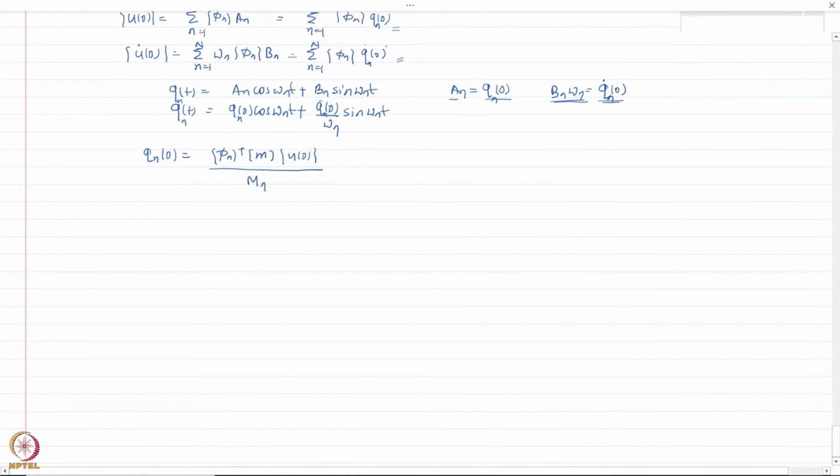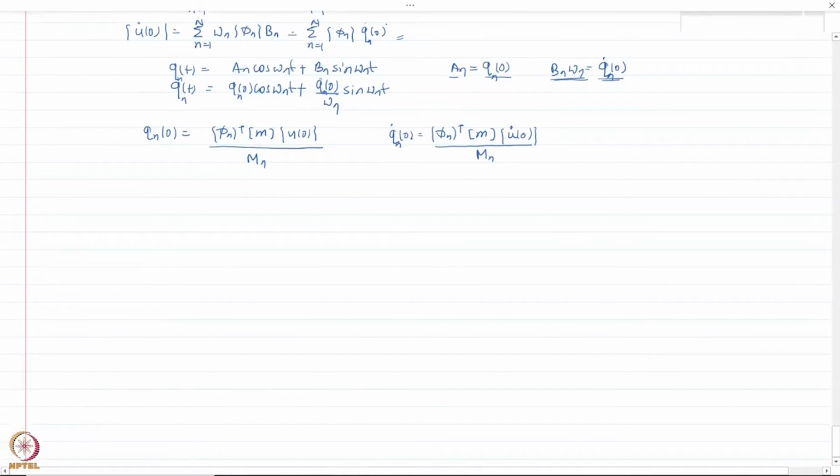And q dot 0 is phi n transpose mass q dot 0, then mn is here. So utilizing these two expressions, we can get qn0 and q dot n0.